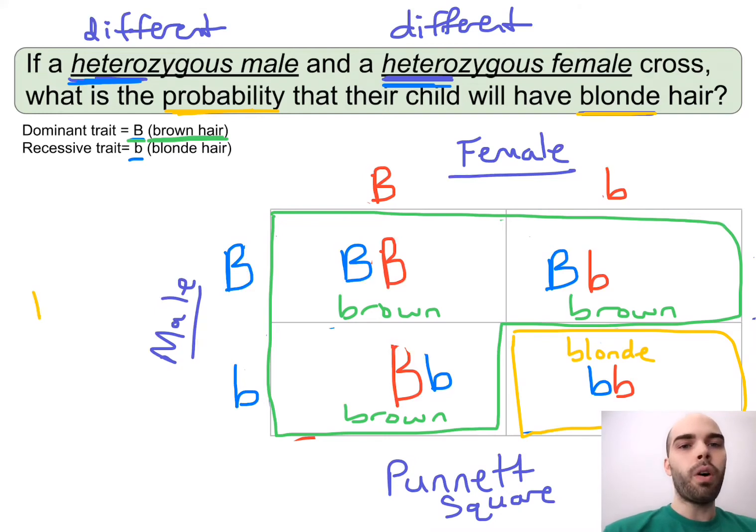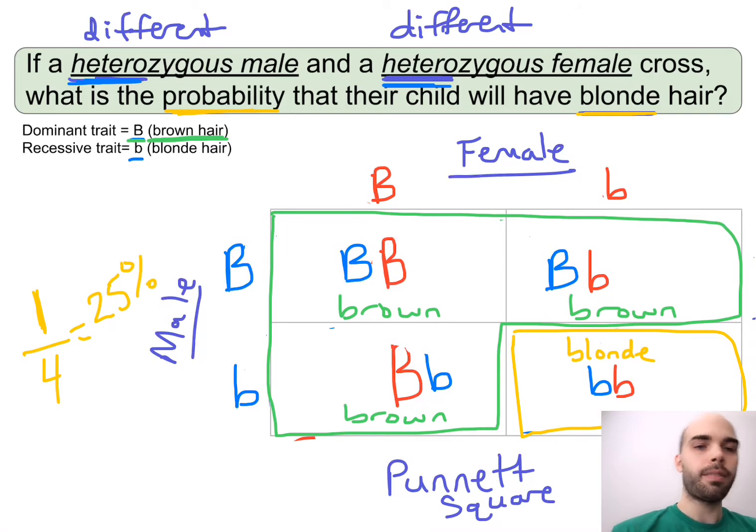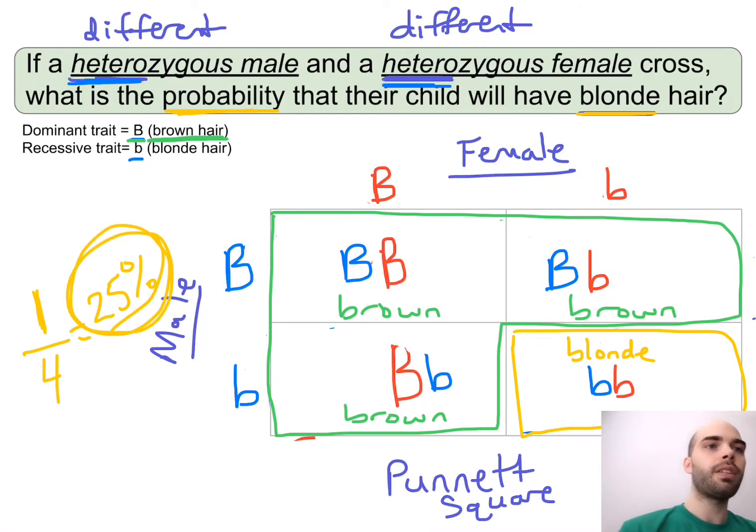Only 1 out of the 4 kids total could have blonde hair, and 1 out of 4 is 25%. So you would say there's a 25% chance that they could have a child with blonde hair. Each box is worth 25%, if that helps you remember.